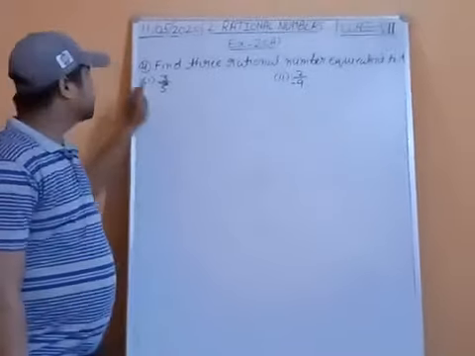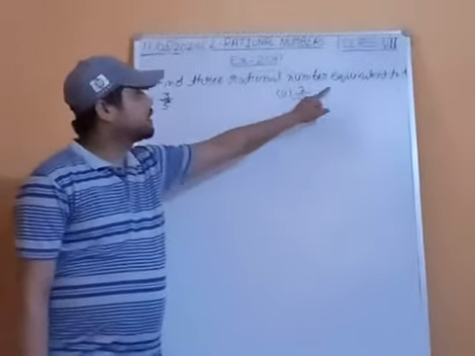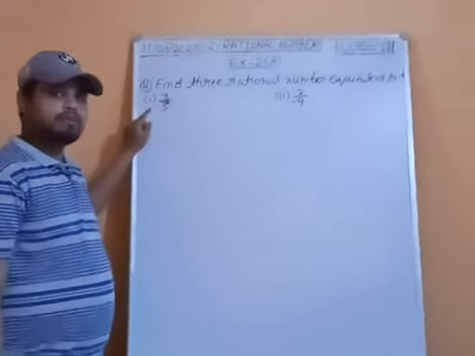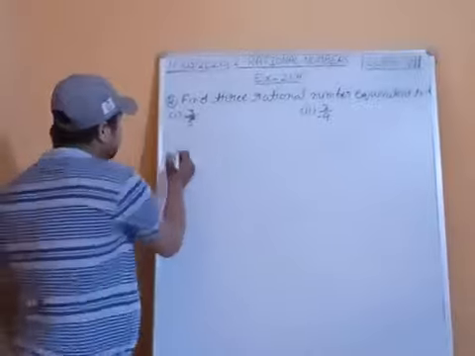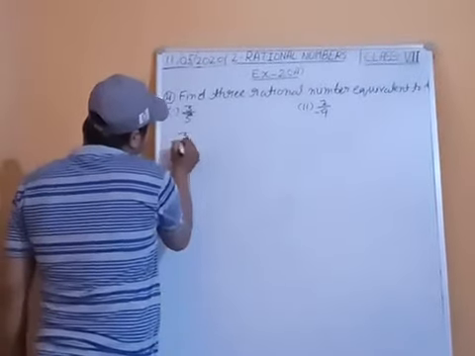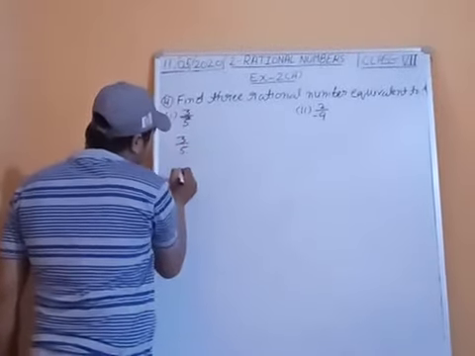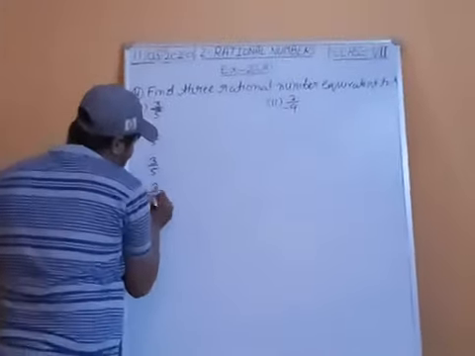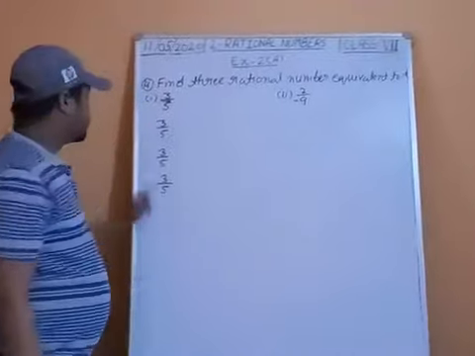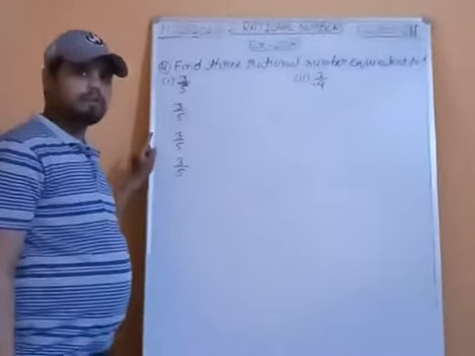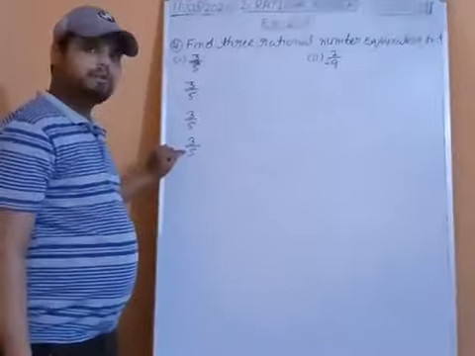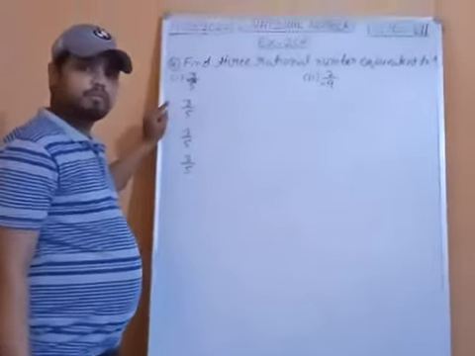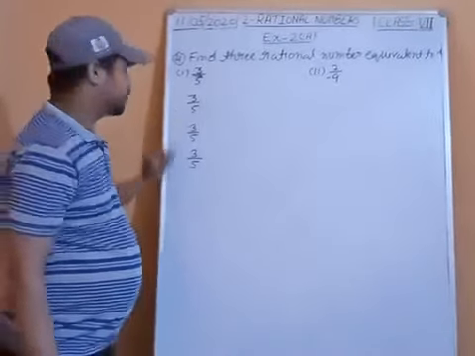So fourth sum, find 3 rational numbers equivalent to the following. First part is 3 upon 5. So we will write 3 rational numbers equivalent to 3 upon 5. In this, we will multiply by 2 in numerator and denominator both.